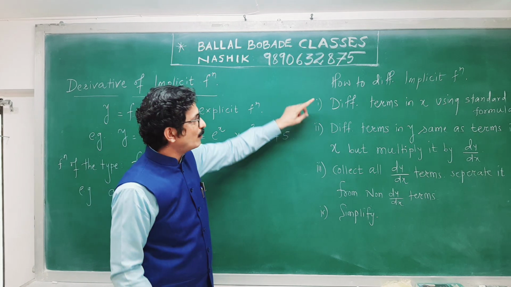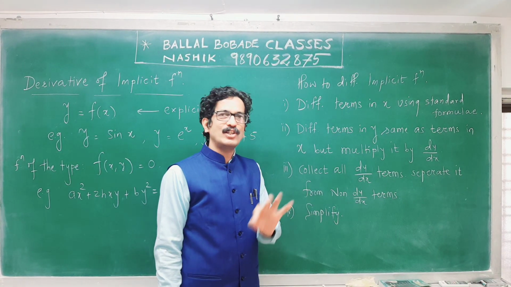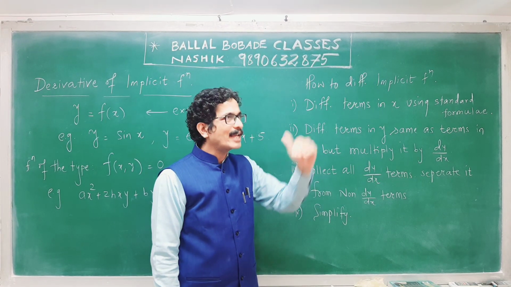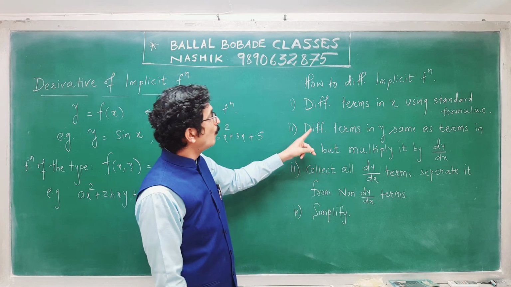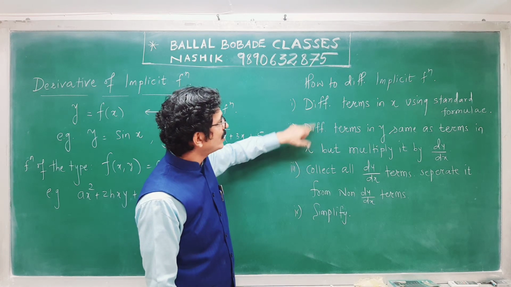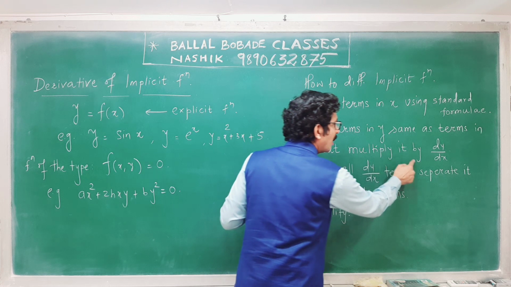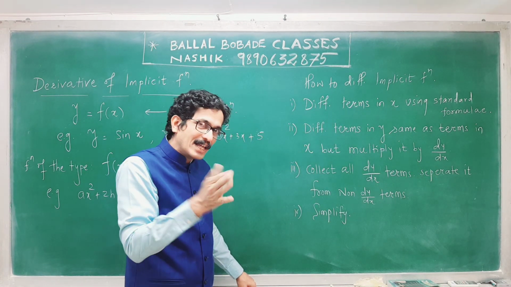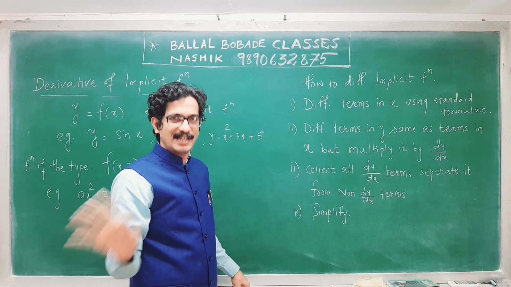Have a look. The first thing you should do is try to differentiate terms in x using standard formulae, such as sin x derivative cos x, x raised to n derivative n x raised to n minus 1 and so on. When you want to differentiate terms in y, they should be differentiated same as terms in x, except you should multiply it by dy by dx. So if it is log y, its derivative is 1 upon y into dy by dx.